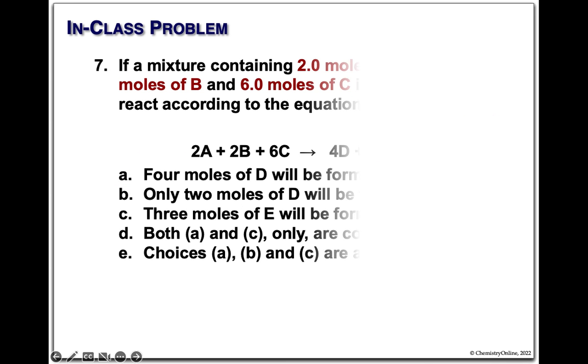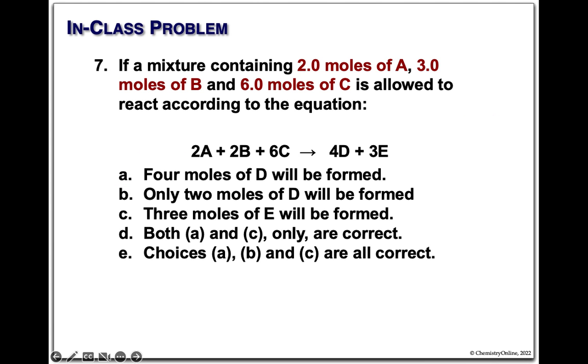All right. You'll probably see something very similar to this on the exam, so make sure that you get it, okay? We have A and B and C reacting, and we're making D and E. We have a mixture with 2 moles of A, 3 moles of B, 6 moles of C. Which of these is correct?